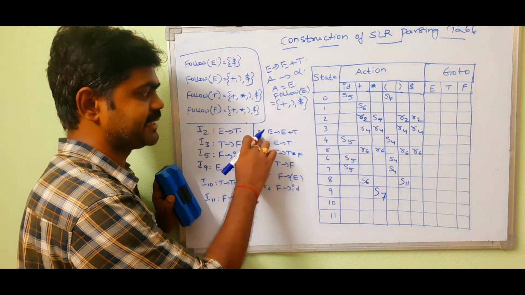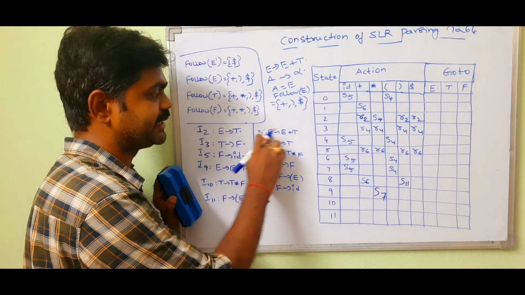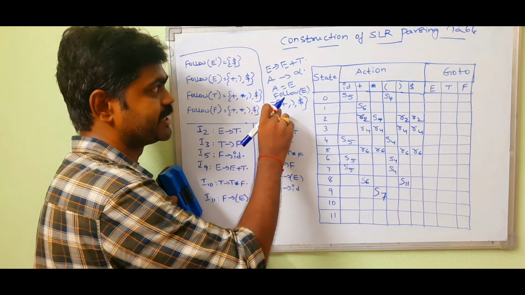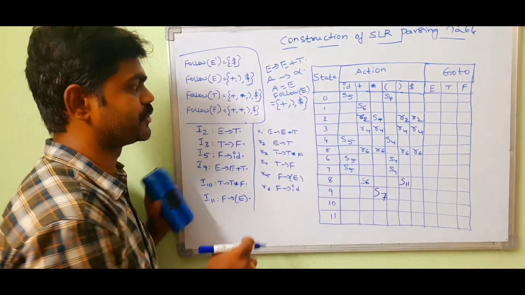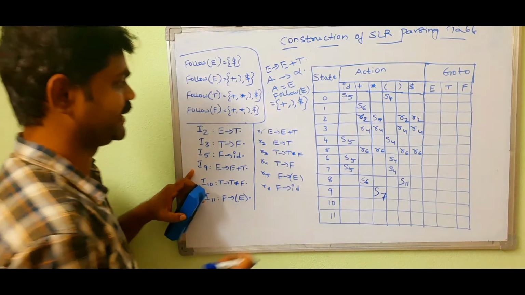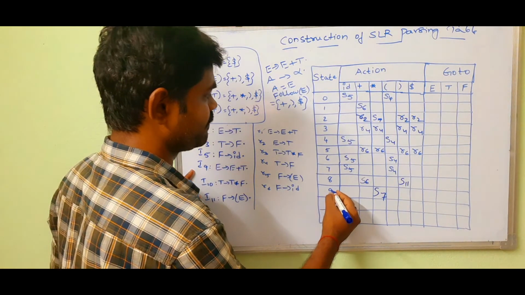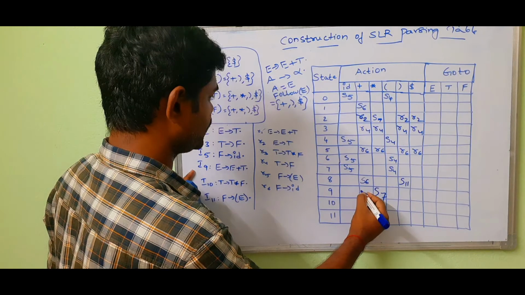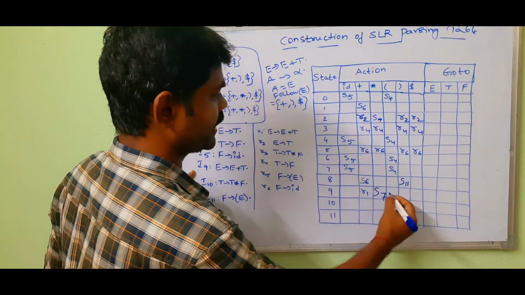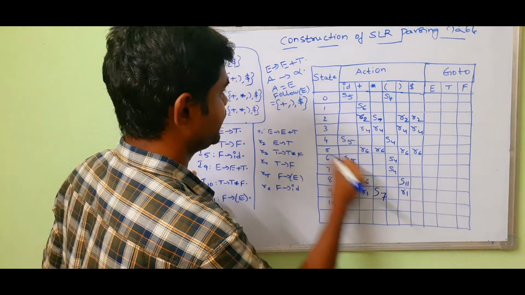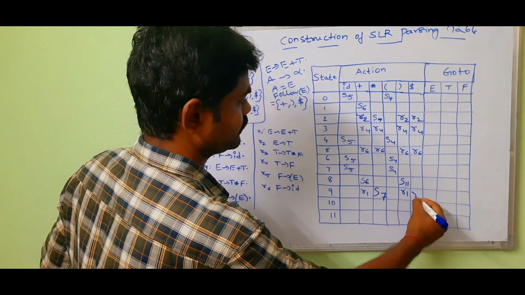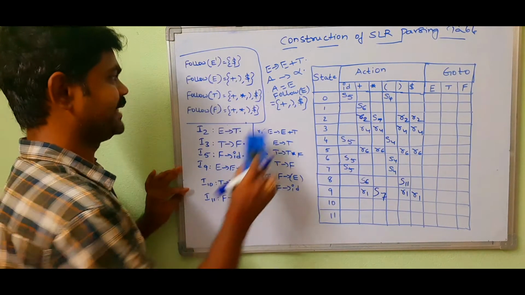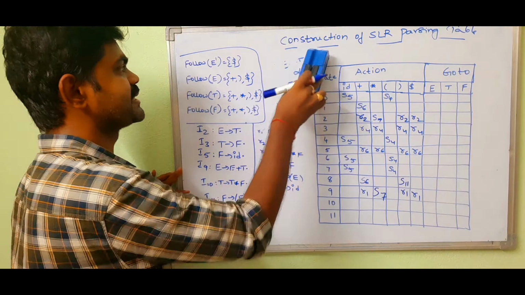E tends to E plus T is R1. So in the place of plus, right parenthesis, dollar, we should write R1. And that is for I9. So in the place of plus R1, in the place of right parenthesis R1, in the place of dollar R1. Okay, so I9 is over, and next is I10.